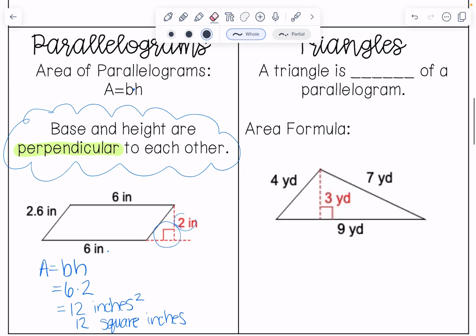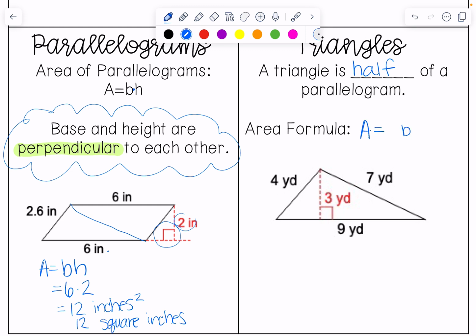So when we think of a triangle, if you think back to when we were figuring out degrees in the different shapes, the interior angles, remember a triangle is half of a parallelogram. And so our area formula for a triangle actually comes from that parallelogram formula.